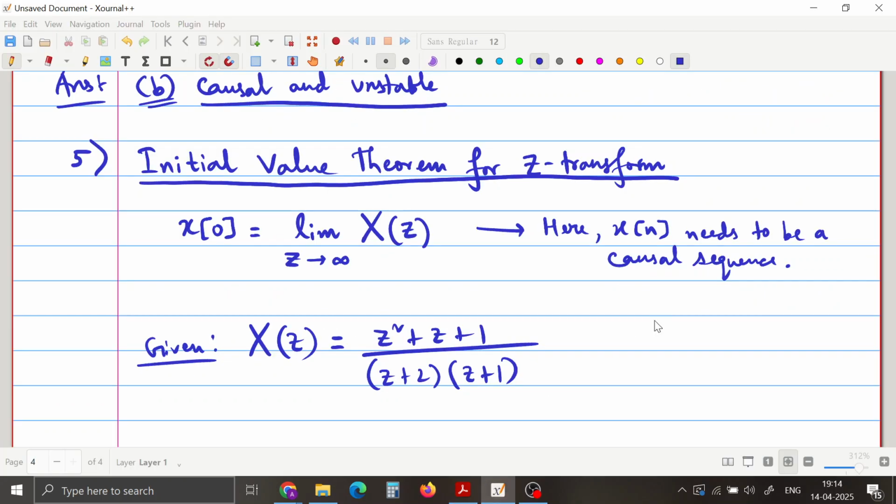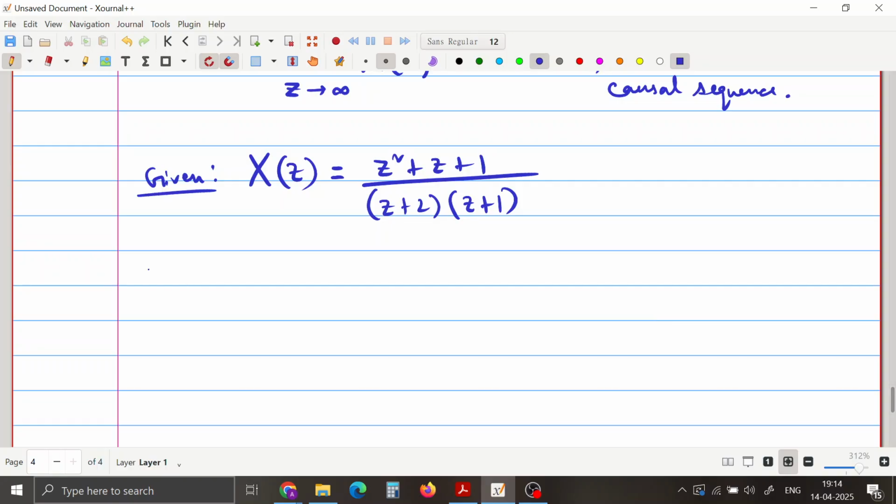So from the initial value theorem I can write that x of 0 will be given by limit z tends to infinity x of z, which is equal to limit z tends to infinity. I can replace x of z by the given form.